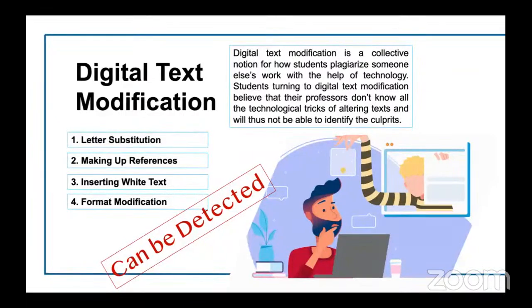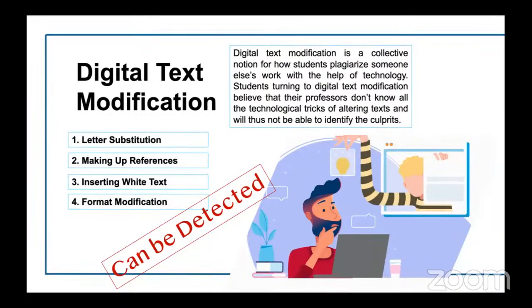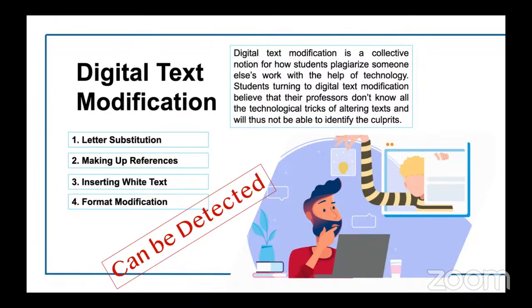Most often, learners who are not willing to work on an original paper and put their own thoughts into words turn to text modification. So modern instructors have to look out for many types of cheating and be able to detect different types of plagiarism in student work. Let's take text modifications, for example.